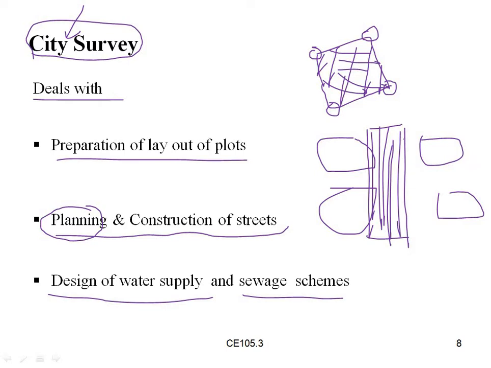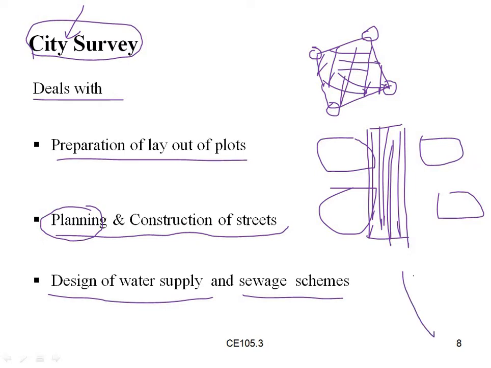That is designing of water supply and sewage schemes, which come under drainage also, without disturbing the traffic or people, the houses or any roads. These sewages are constructed at the bottom of the roads or at the sides of the roads. For that we have to do the city survey, because we must know from where to where the sewage should go.